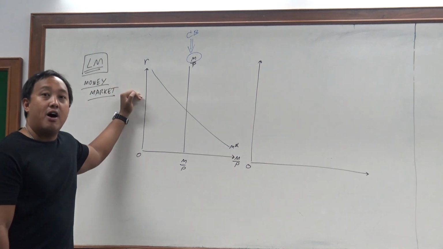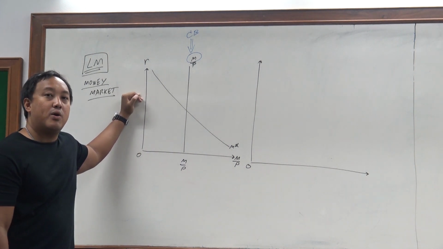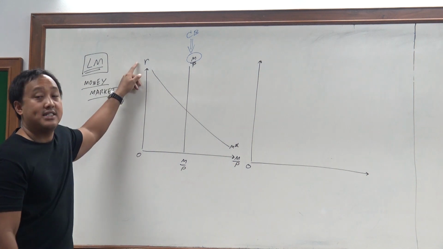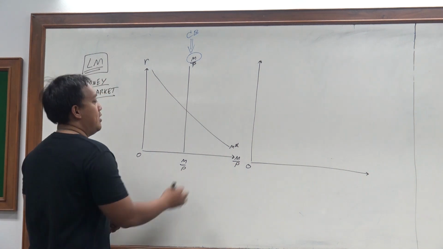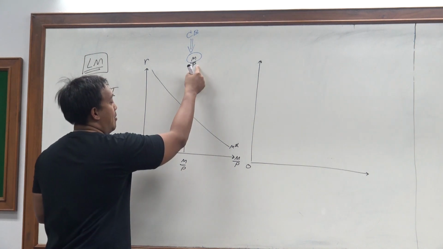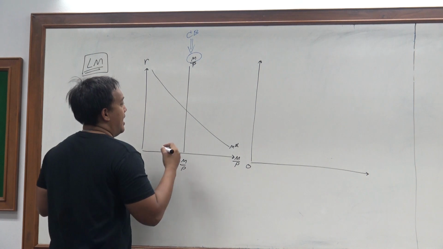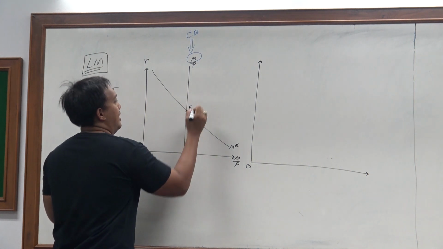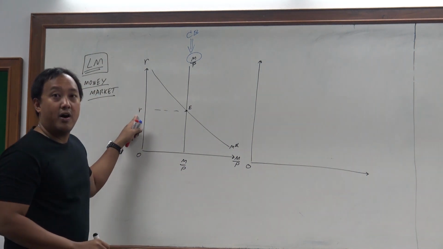So the level of money that people want to hold in their pocket depends on the price of money, the real interest rate. Where the real money supply and money demand intersect, you get equilibrium point E, with the equilibrium real interest rate R.